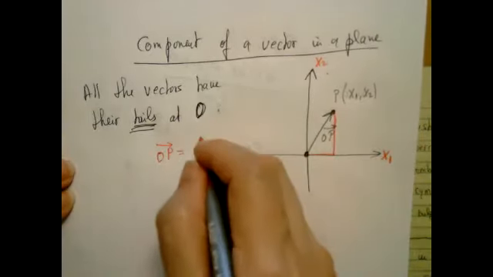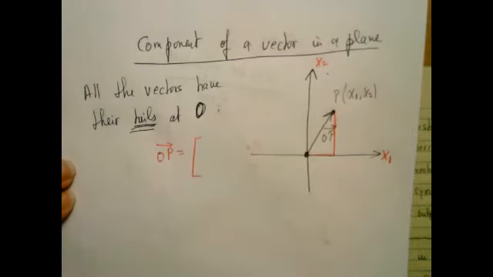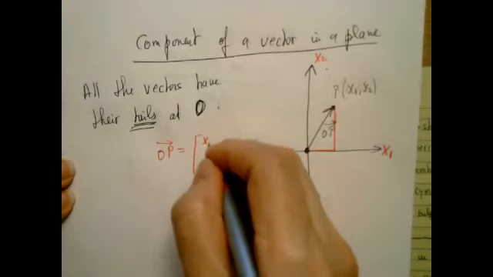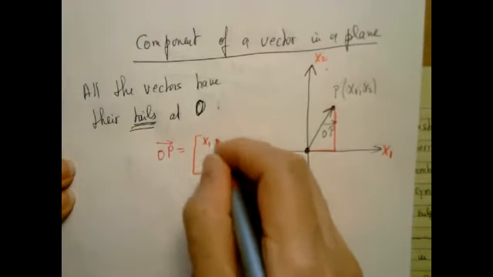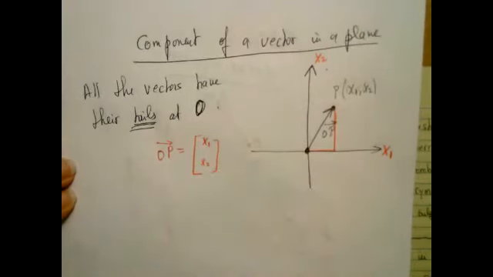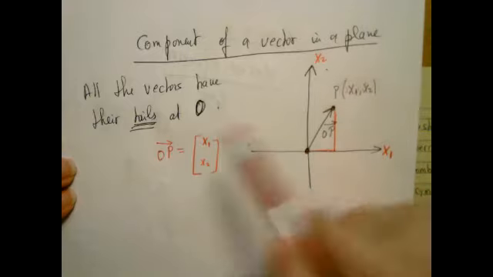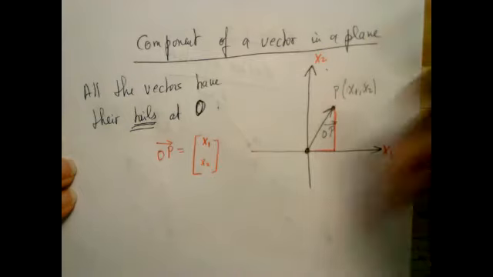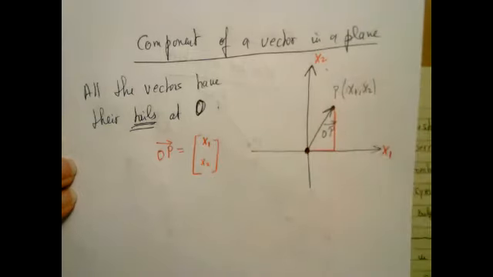We're going to write them using matrix notation, as x1, x2. So this is what we mean by the components of the vector OP. It makes sense: the point P has coordinates x1, x2, and those coordinates are the components of the vector OP. There is no ambiguity in our class because they all start at the origin.